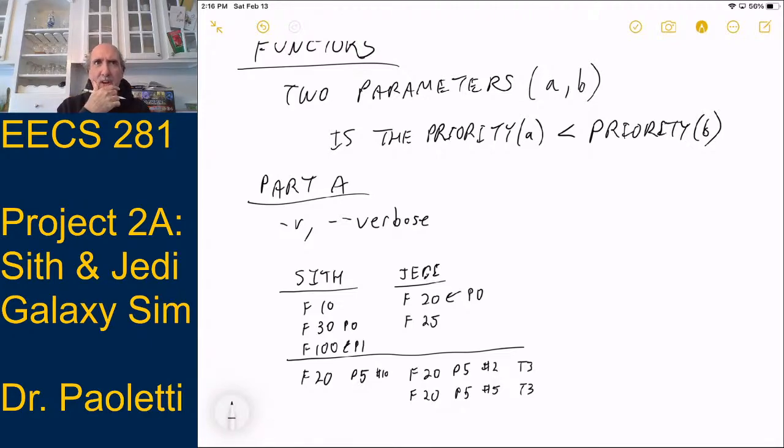Think of it this way. I'm the functor, I'm inside of priority_queue, I'm in your code, and I get used by priority_queue. Priority_queue calls me and says, here's 2 things. Is the priority of A less than the priority of B? And I must say true or false. I have to make a decision.